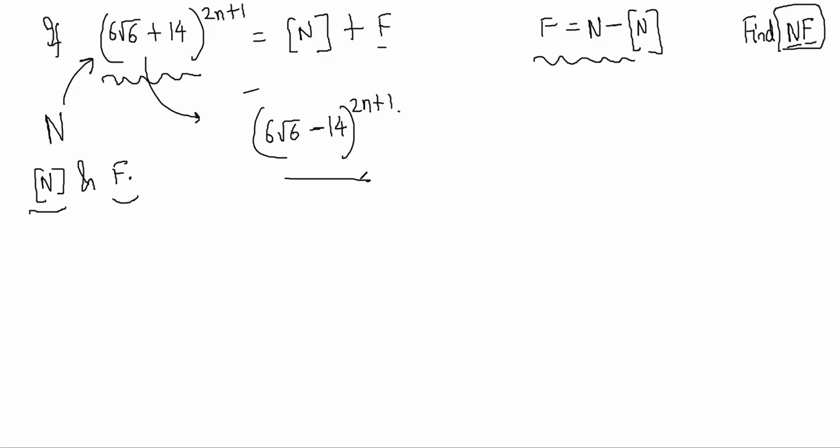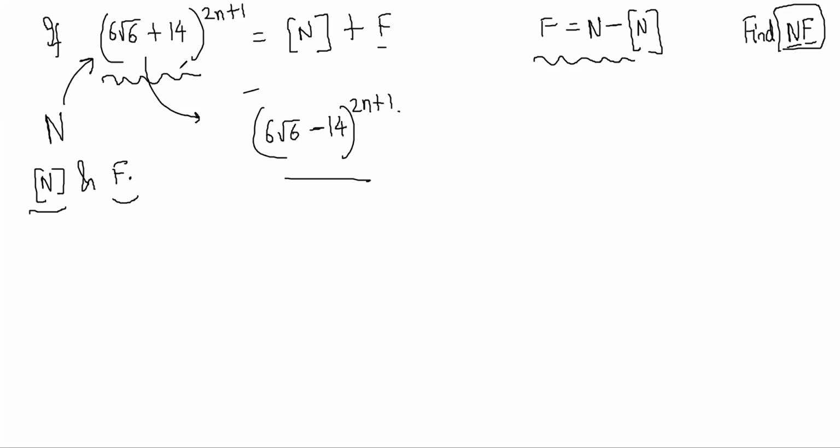Because if you multiply these two, it becomes 216 minus 196, so 20 to the power 2n plus 1 will come. The multiplication will give some nice answer. Roots will be eliminated because it's a conjugate.